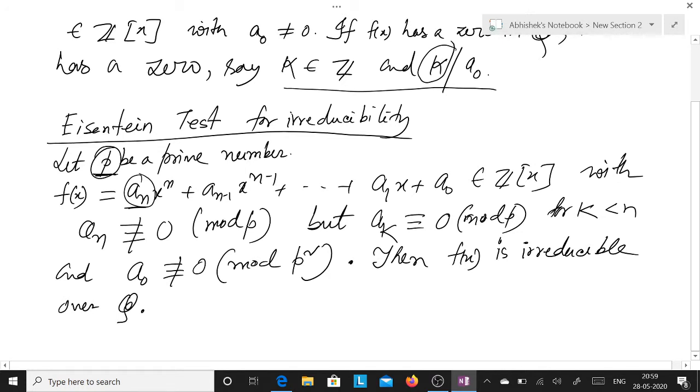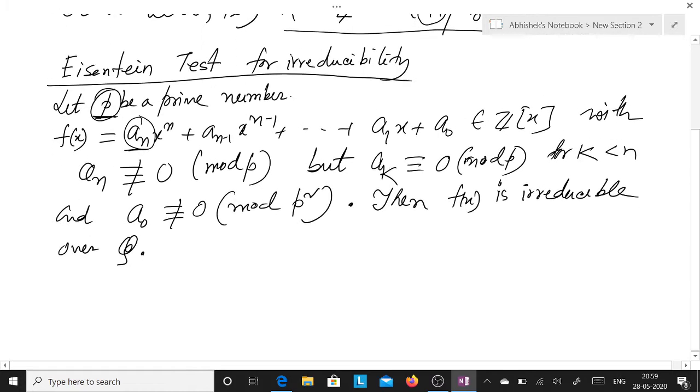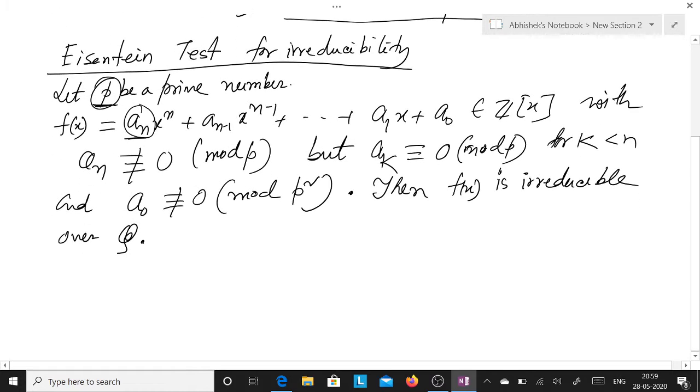Q is the field of quotients of the integral domain of integers. This is a standard result in ring theory, that any integral domain can be embedded into a field, which will be the field of quotients, and it is a general result.